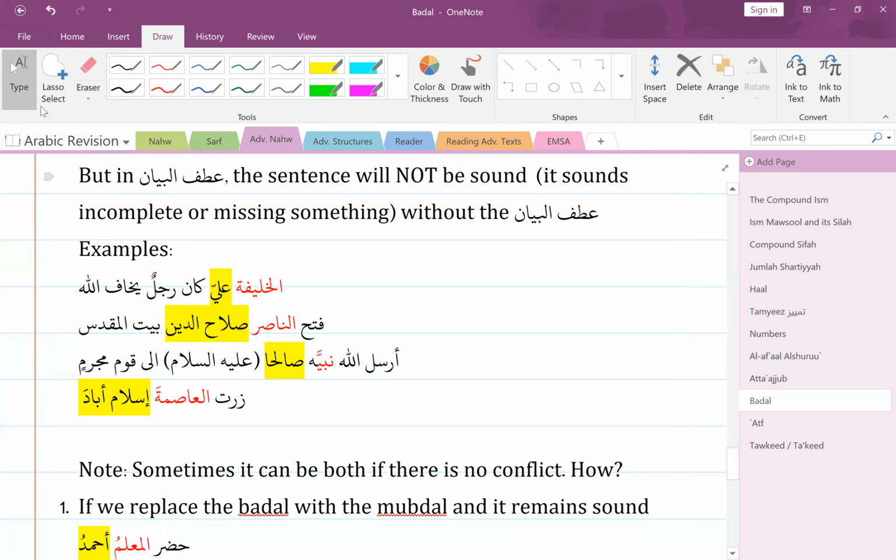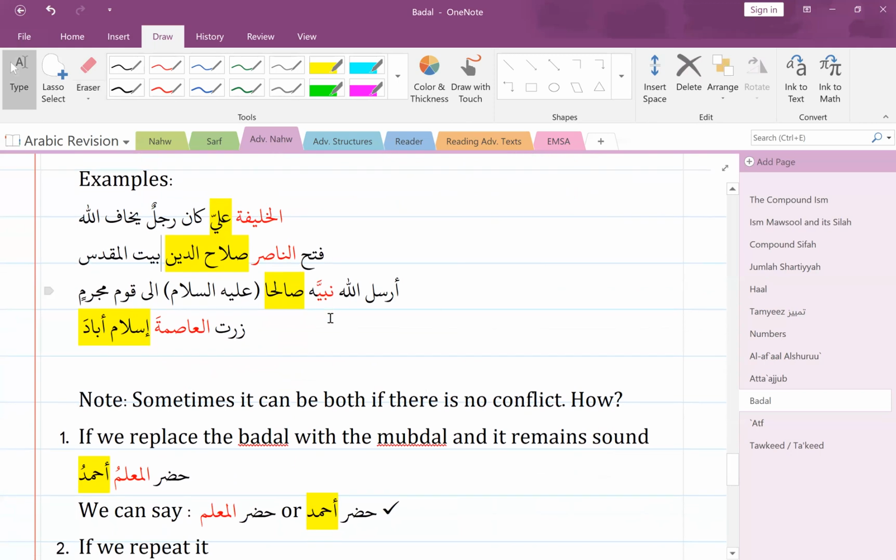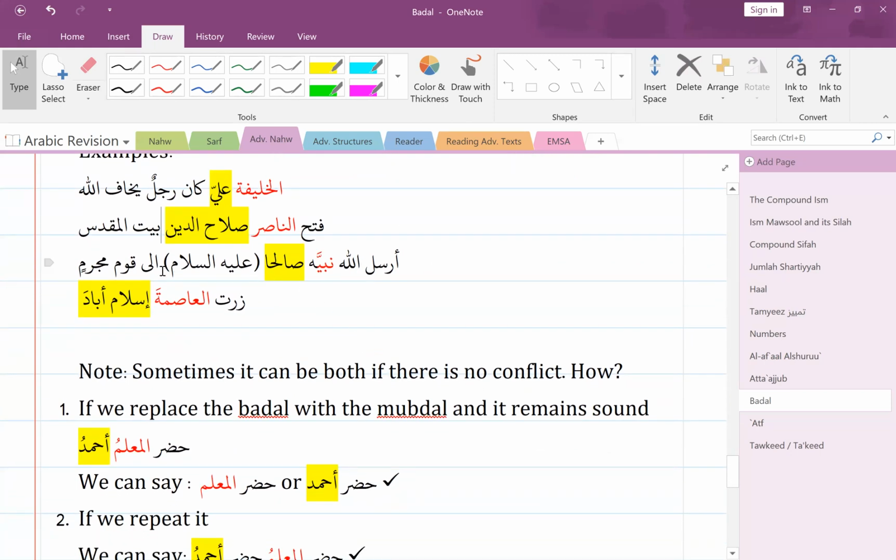Okay. Same thing if we look at the example, أرسل الله نبيه صالحا عليه السلام إلى قوم مجرمين. So if I omit Salih, imagine we covered Salih here for a minute, and we just said أرسل الله نبيه عليه السلام إلى قوم مجرمين.